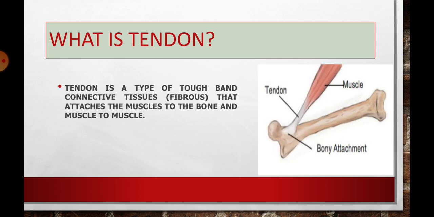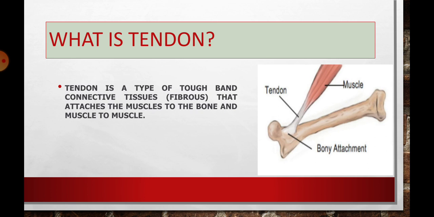Tendon is a type of tough band connective tissue, and these connective tissues are fibrous. That means there are fibers inside its structure. And these tendons attach the muscle to the bone and muscle to muscle. Usually they attach muscle to the bone.